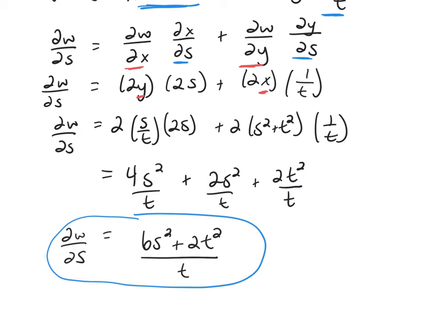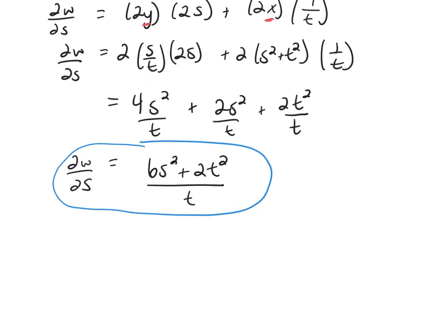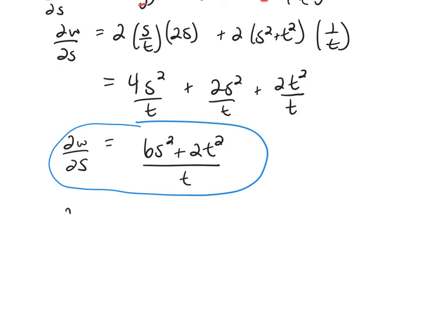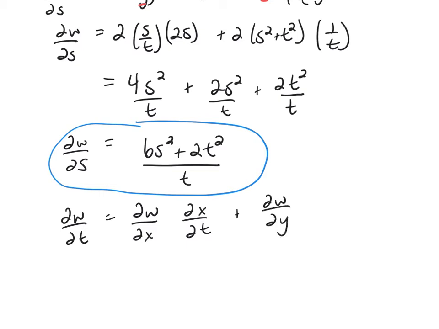And then finally, I need to find the partial derivative of w with respect to t. So using the chain rule, it's the partial derivative of w with respect to x times the partial derivative of x with respect to t, plus the partial derivative of w with respect to y times the partial derivative of y with respect to t.